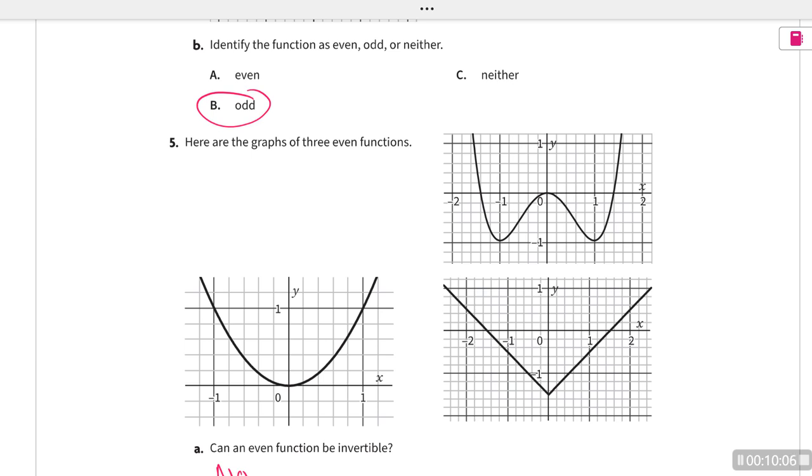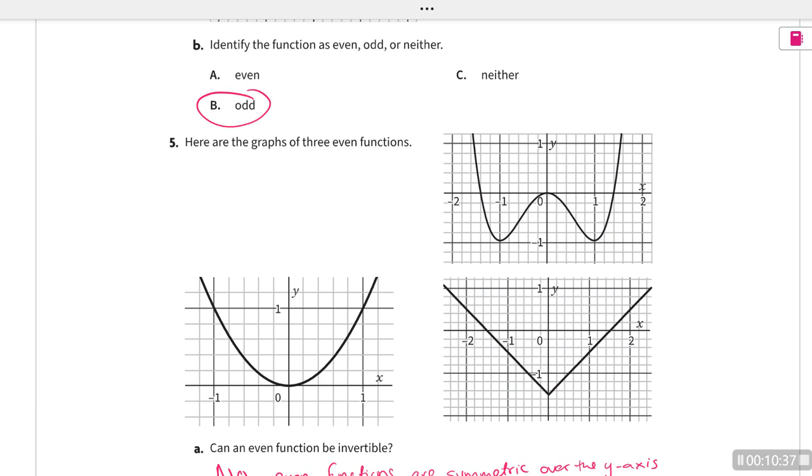Even functions are symmetric over the y-axis. So they're always ending in the same way. Their long-term end behavior is always approaching infinity or always approaching negative infinity.